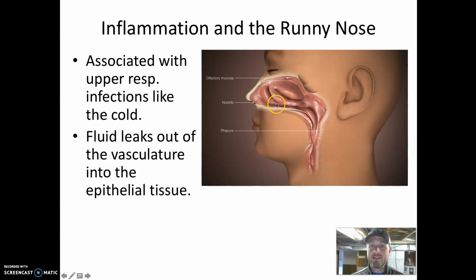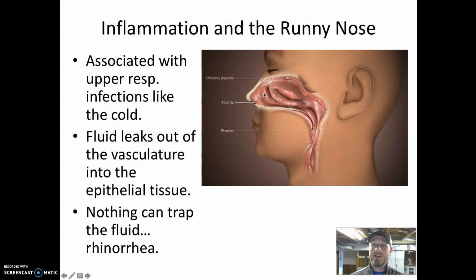The problem is this tissue that is being damaged and is experiencing inflammation and the accumulation of fluids is right on the surface. It's an epithelial tissue right on the surface. So the problem is there's nowhere to trap that fluid. It's not like getting inflammation in a muscle, where the fluid will be trapped in that muscle and we'll have a swollen muscle. Because we're getting inflammation in this surface tissue, there's nowhere for the fluid to be trapped.